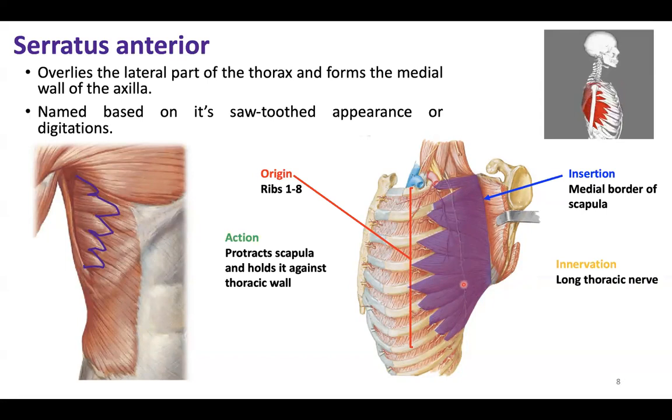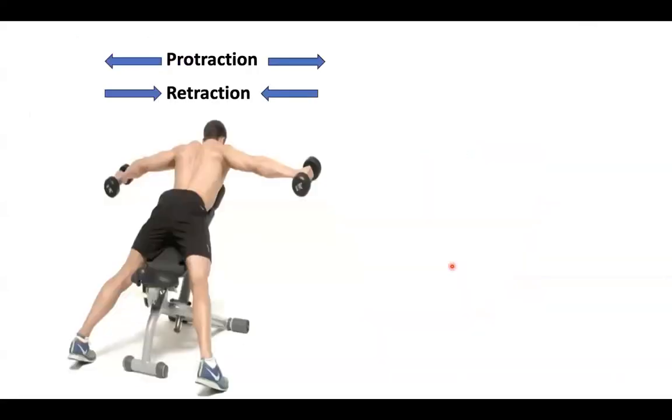You can see it here. This is the long thoracic nerve. It runs on the surface of the muscle and it innervates this muscle. And long thoracic is also a branch from the brachial plexus. So its action is protraction of the scapula. Protraction and retraction of the scapula are slightly different from the usual protraction and retraction.